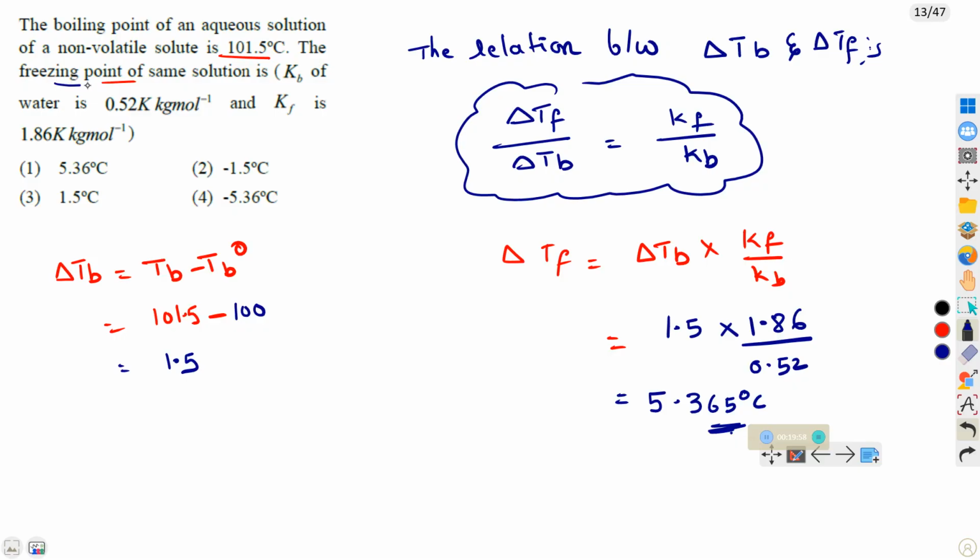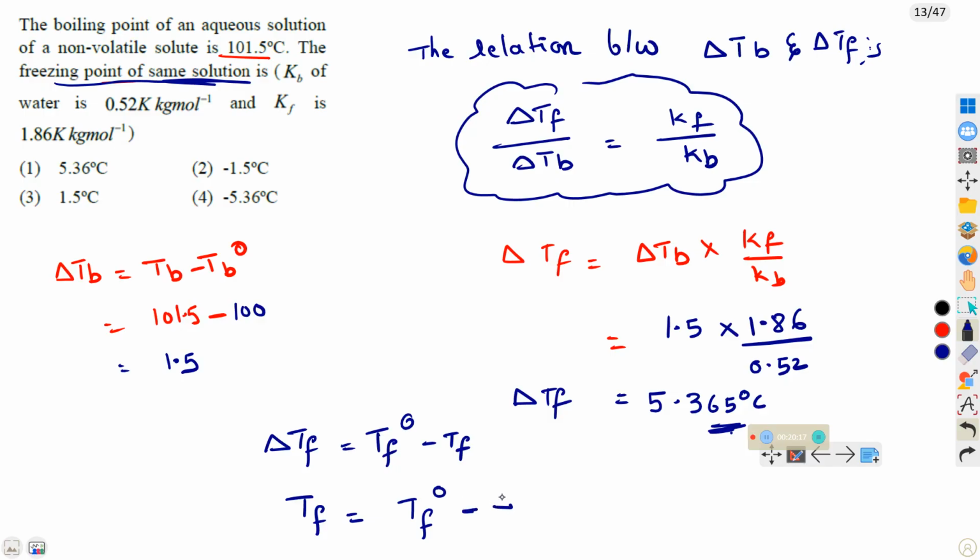What is the question? Freezing point of the same solution. This is the delta Tf value. Delta Tf is equal to Tf naught minus Tf, but the question is to calculate Tf. Tf is equal to Tf naught minus delta Tf. Freezing point of water 0 degrees Celsius minus 5.365, that is equal to minus 5.365 degrees Celsius. Fourth option is correct.